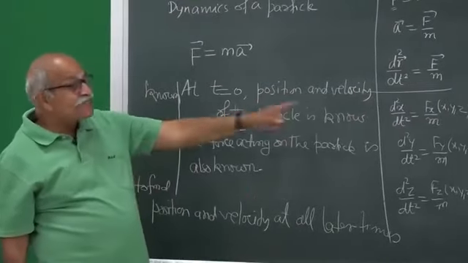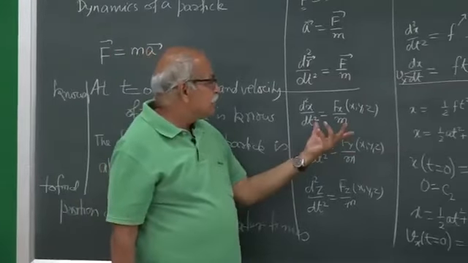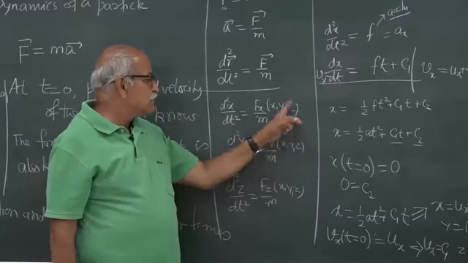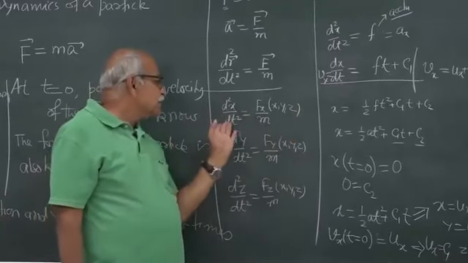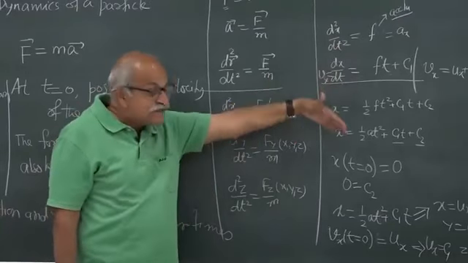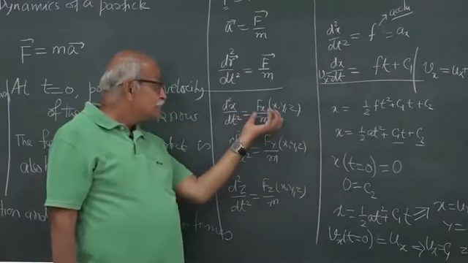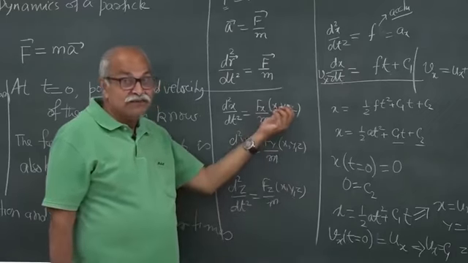If it is not constant, then there are techniques. If you have this kind of equation, but then this depends on x, or it depends on y, or on z, or it depends on time, then you have techniques of integration, and from there you will rederive the corresponding equations, which will depend on how this fx, fy, fz are depending on x, y, z or time.